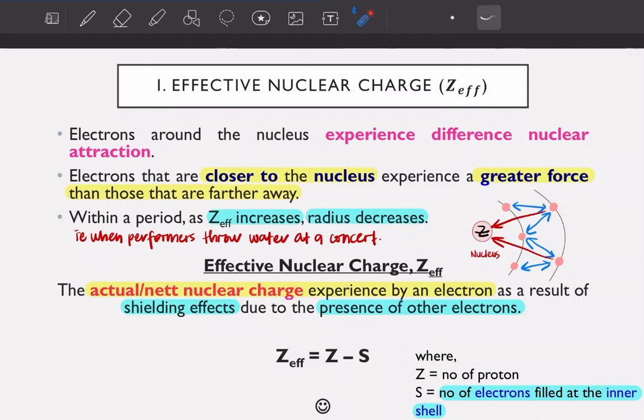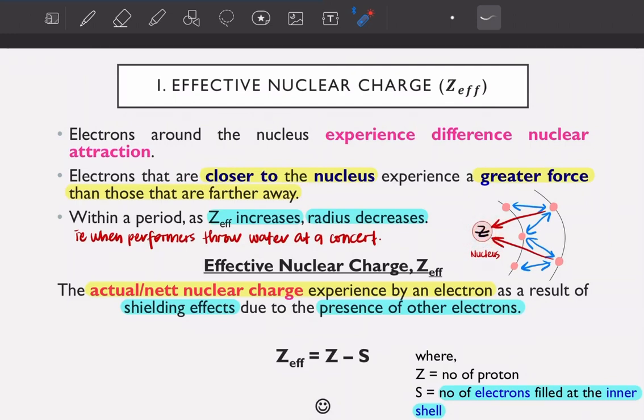So, within a period, as ZeV increases, your radius decreases. Okay, so what is ZeV? Kenapa tiba-tiba kita cakap pasal ZeV pula? Right, so this is because we are going to talk about shielding effect juga. ZeV will take account of shielding effect, while your nuclear charge is basically just nuclear charge that is coming from your nucleus.